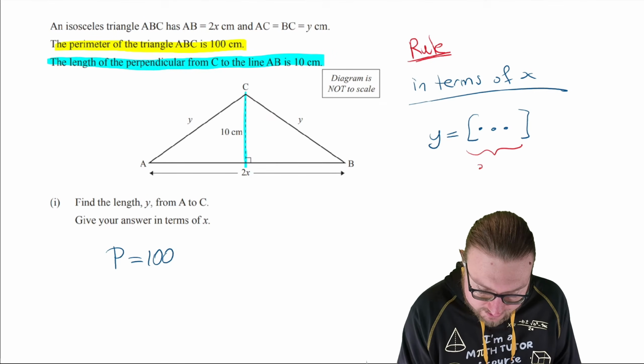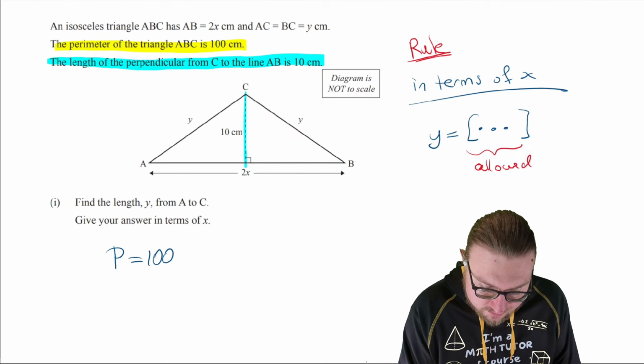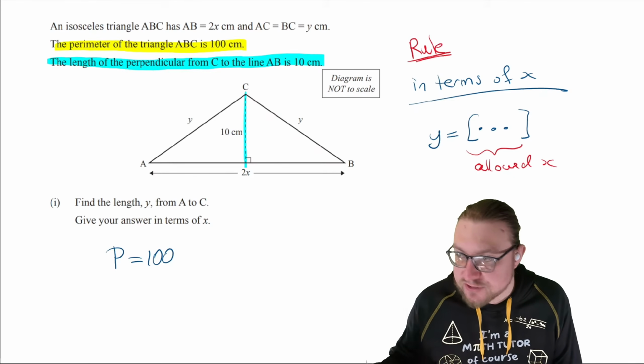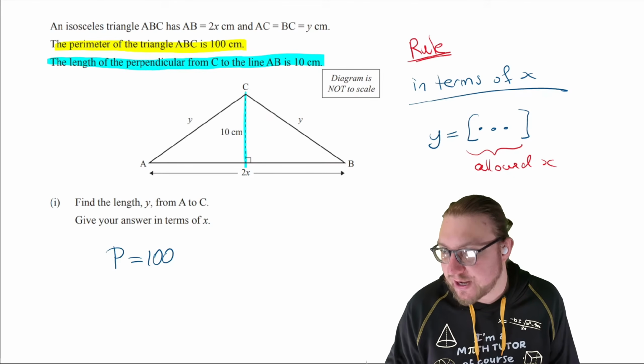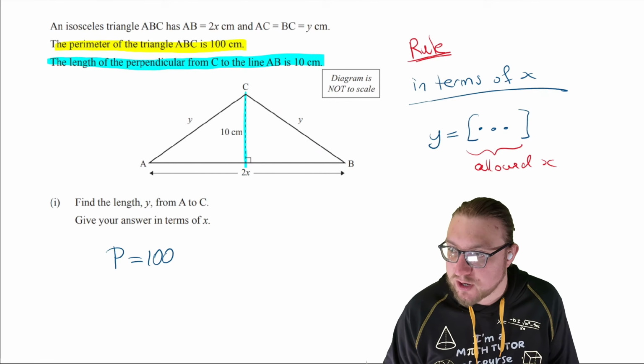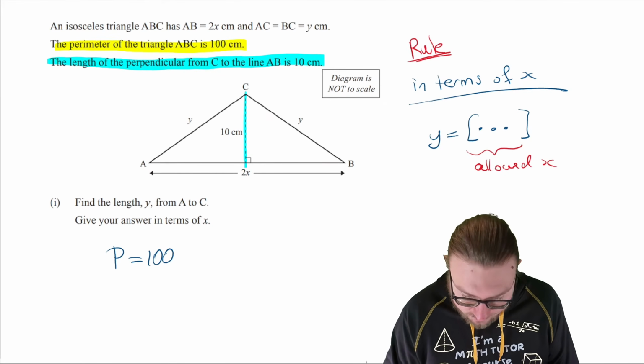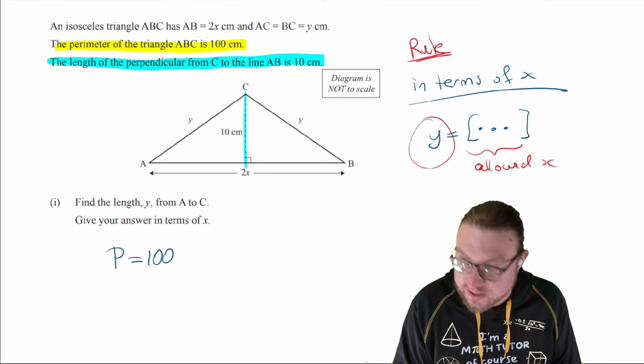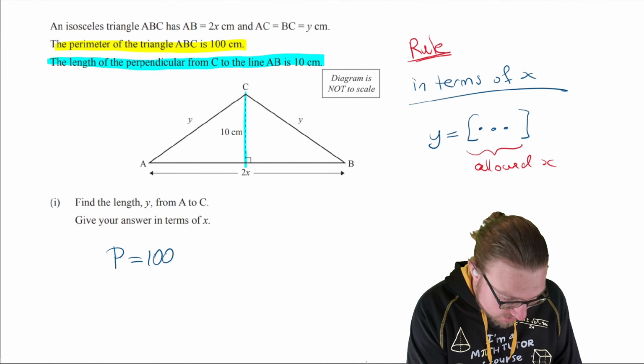So here we are allowed an x. It doesn't even matter if it's 3x, 5x, the square root of x, x to some power, everything is fine, as long as we only have numbers and we only have x's. But we cannot have more y's there. All the y's have to be by itself on this side.